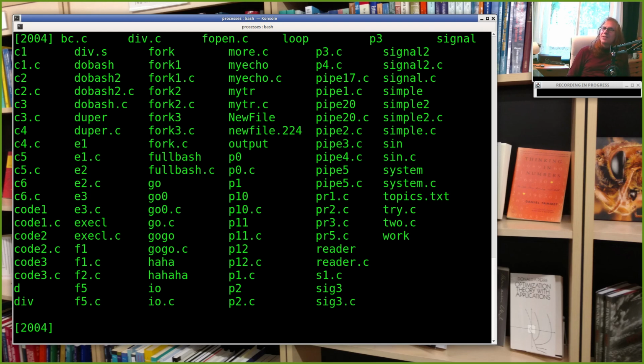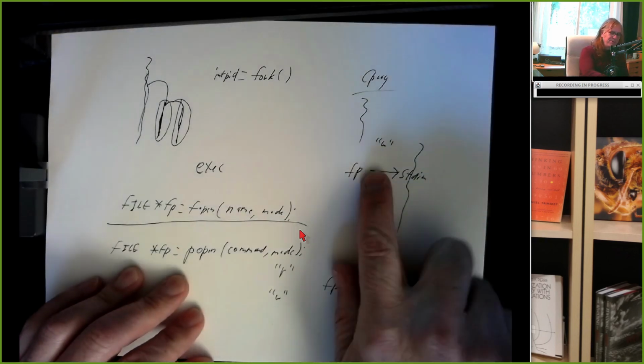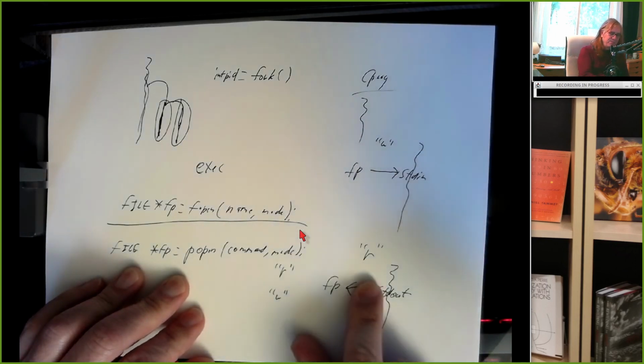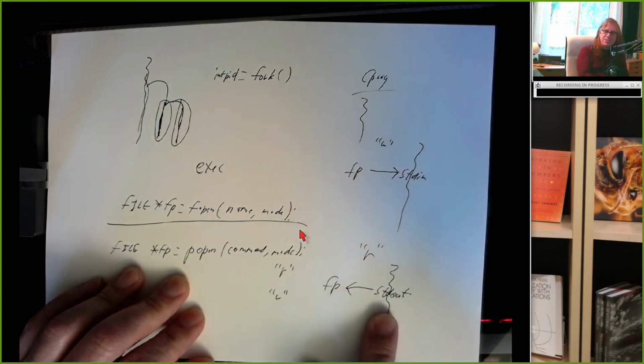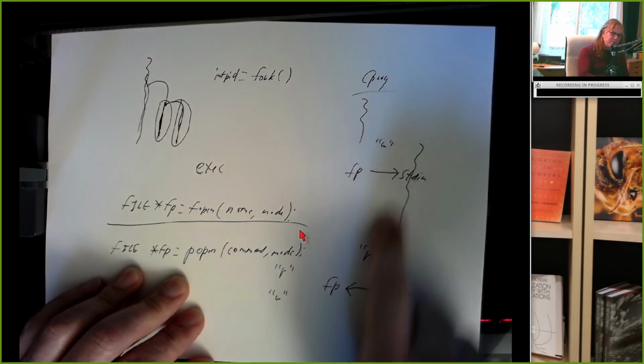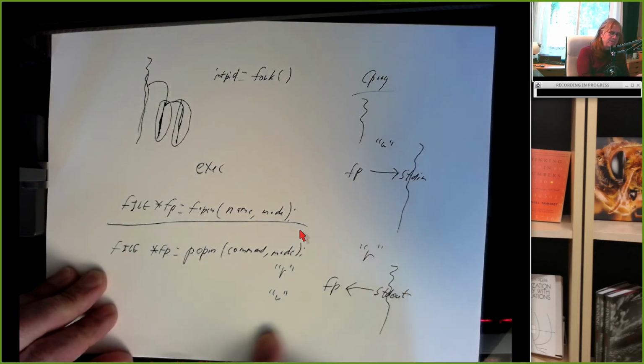Alright, so the last part of this I want to go over tomorrow is this business of doing two-way communication with a process. So if we use popen with a W, we can write to standard in of a process. If we do popen with a read, we can read from standard out of the process. If we want to run a new process and be able to both write to it and read from it, we need to do something different, something more powerful than popen.